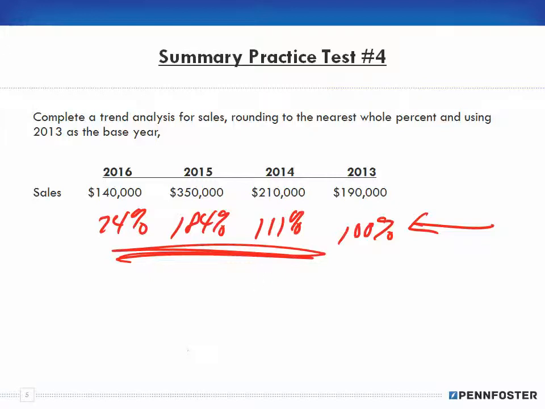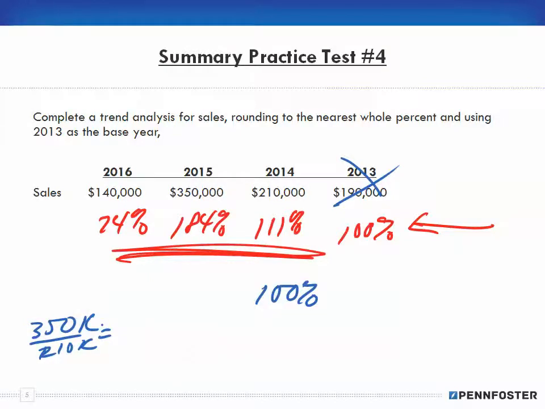Just as an example, if we were using 2014 as our basis, we wouldn't be looking at 2013. So 2014 is 100%, and then for 2015, we would have had 350 divided by 210,000.